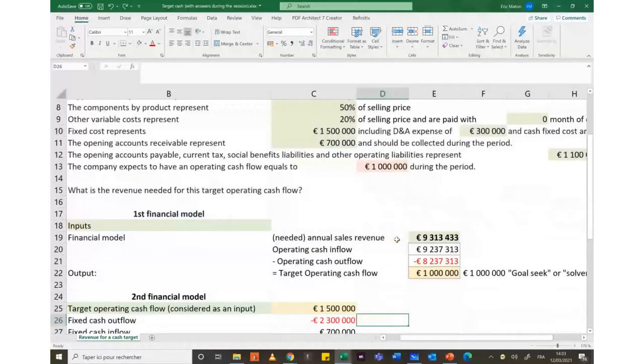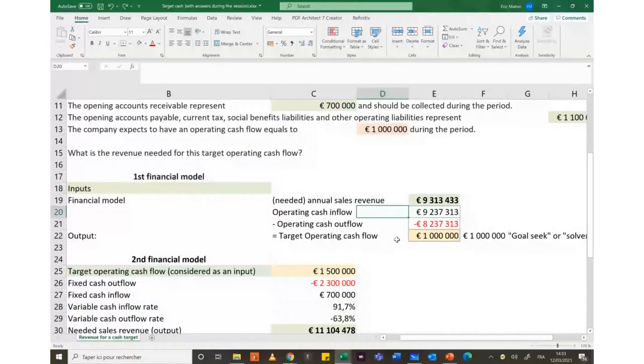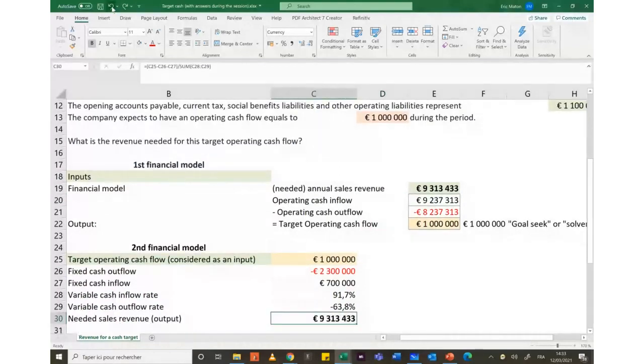If I change the target, it's not here I change the target, sorry. I change the target in this one. If I put 1.5 million, now I have the effect.